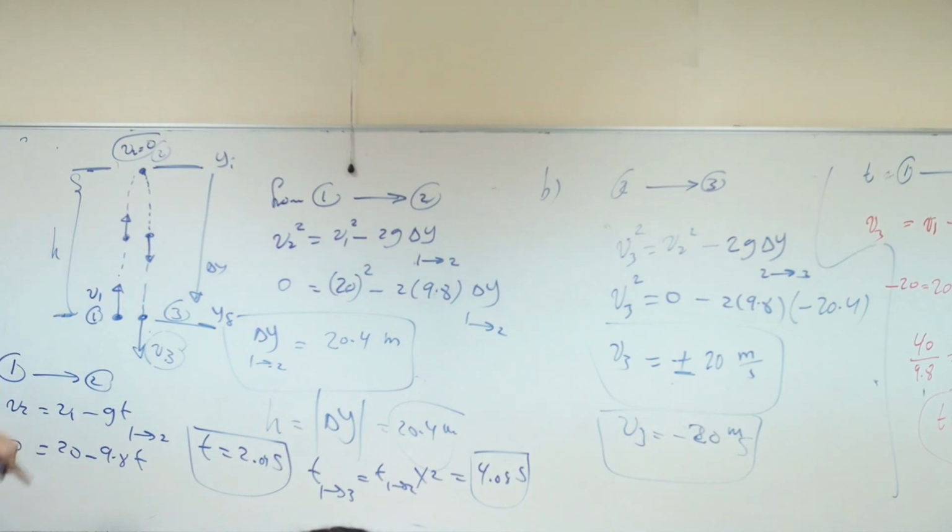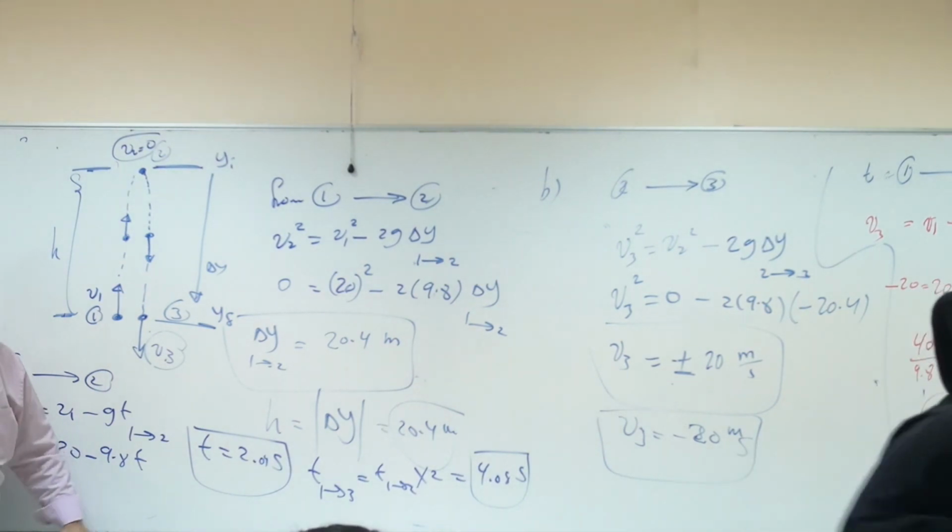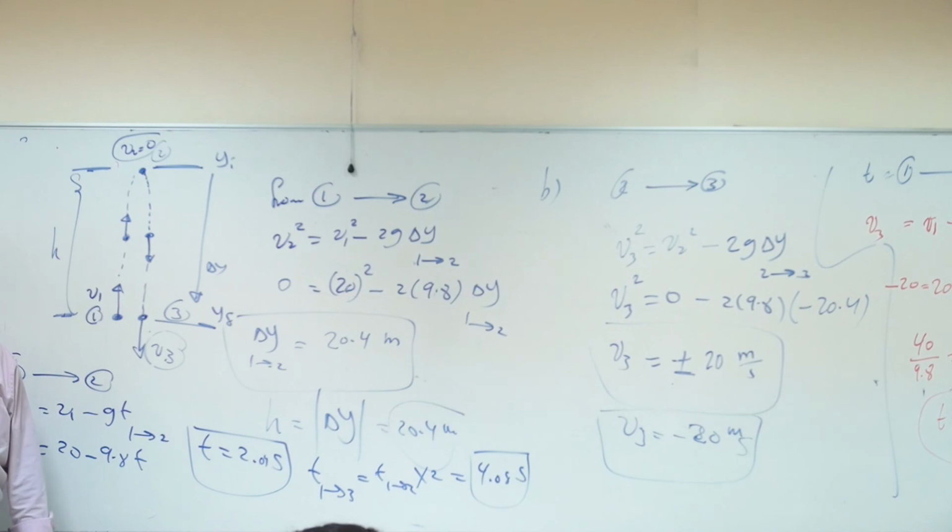I want someone to give me another strategy to find T. You did it that way. You did it this way. Give me another way. Come on. Did you use this equation? Does this equation have time? Okay. I want to apply this equation between 1 and 3. Delta y is what? No. Listen.